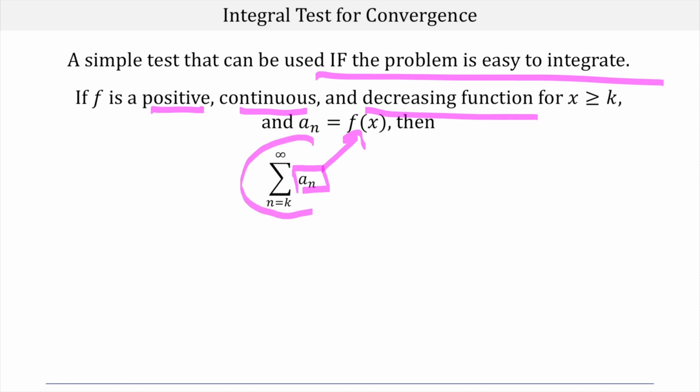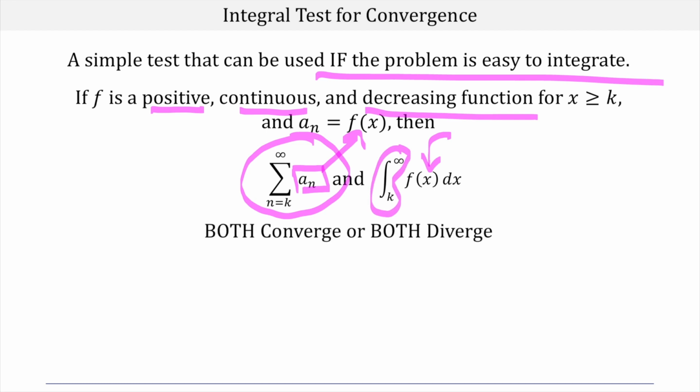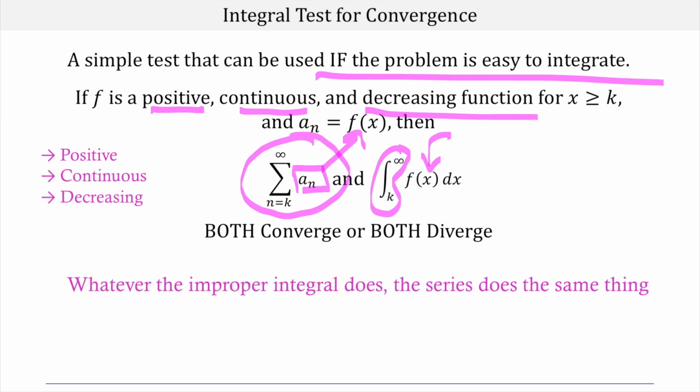And if we have an infinite series for that a sub n, then we can actually look at an improper integral of that function going from some constant to infinity. And the cool thing is that either both converge or both diverge. So again, it has to be a positive, continuous, and decreasing function. Whatever the improper integral does, the series does the same thing.